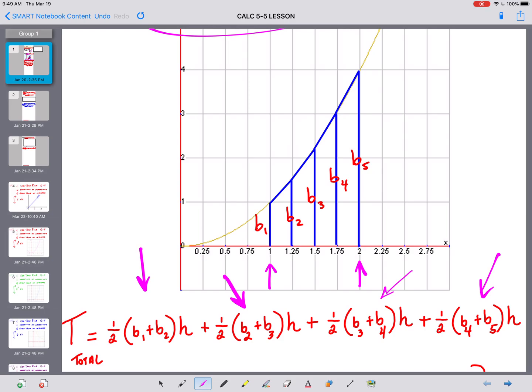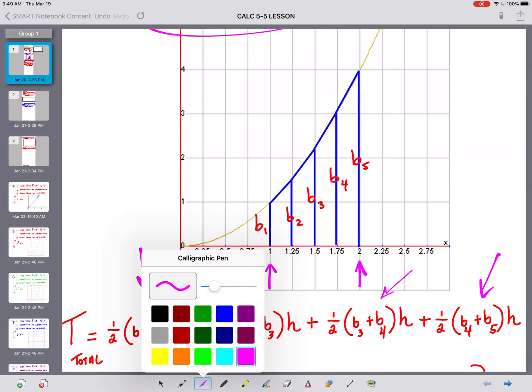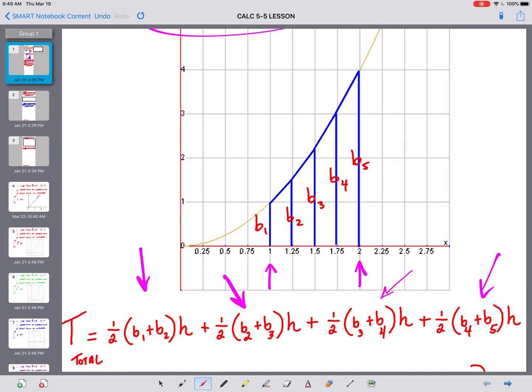My 1/2 is common and the h is common. The h is the height of each trapezoid, or you might look at it as the width of each trapezoid. It's the same in each one.